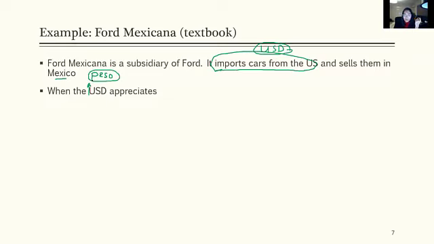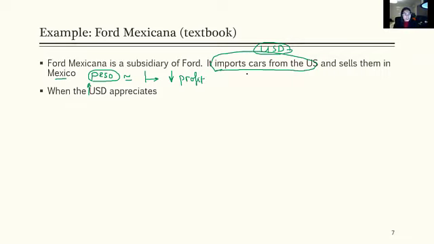With my revenue, because I sell the cars in Mexico and I get the peso, when the USD appreciates, it does not change my peso revenue, okay? So the net result is therefore a decrease in my profit margin, right? So my expenses increase, but my revenue or my sales stay the same, okay?